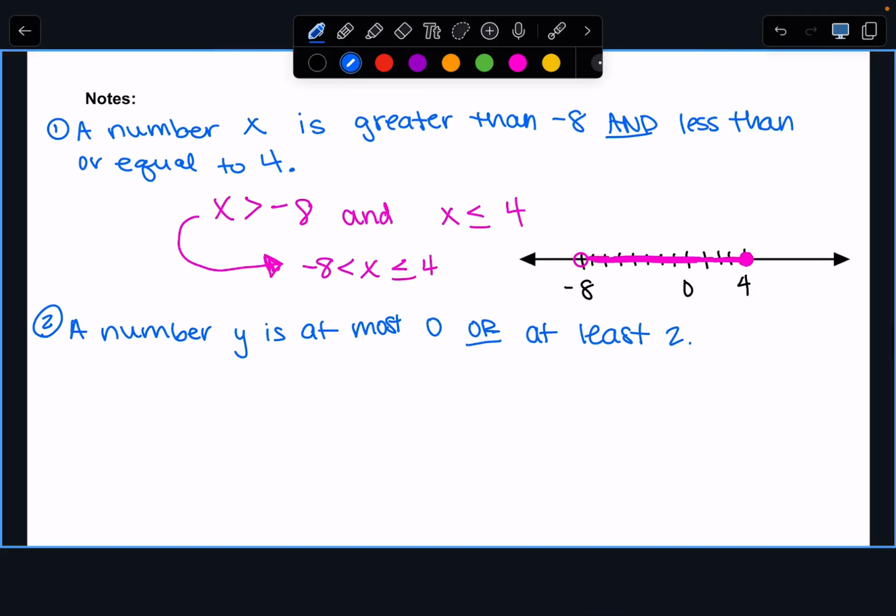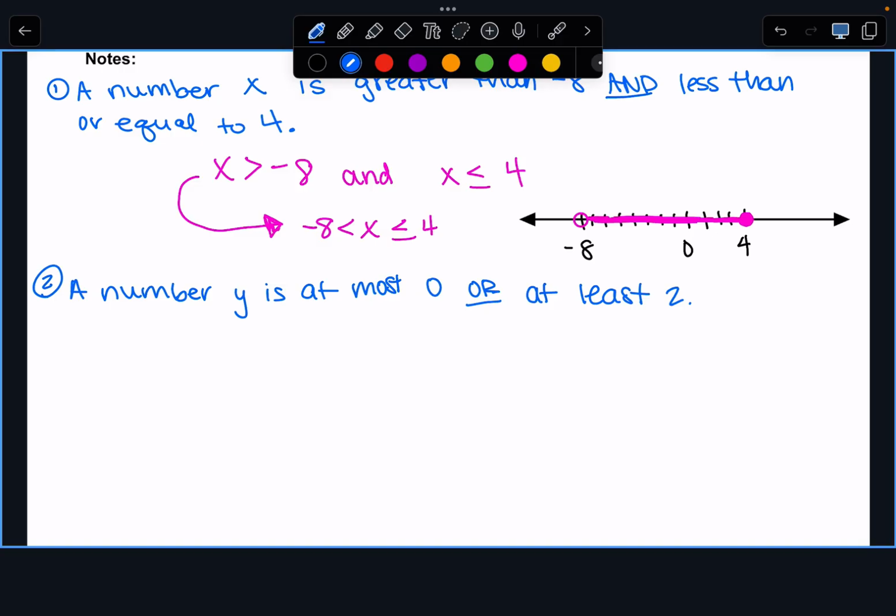Okay, write this one down. y is at most 0.